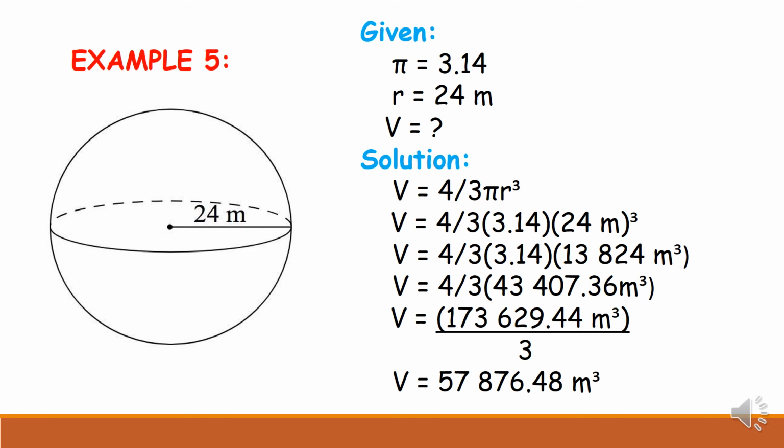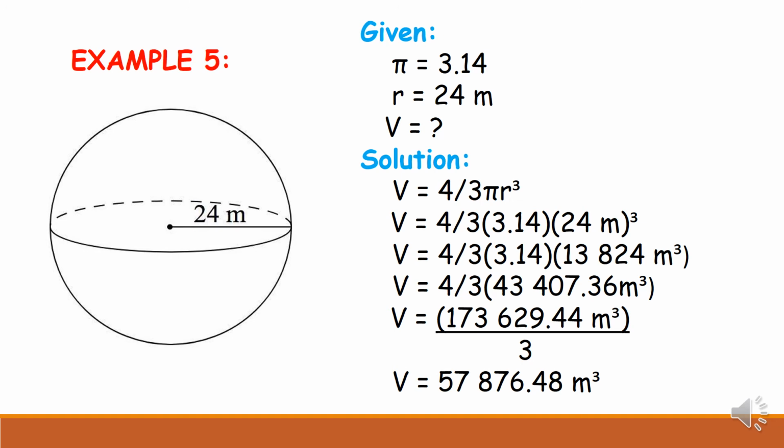So we have 4/3 times the value of pi, 3.1400, times the value of r, 24 meters quantity cubed. 24 meters quantity cubed is equal to 13,824 meters cubed, times 3.1400.